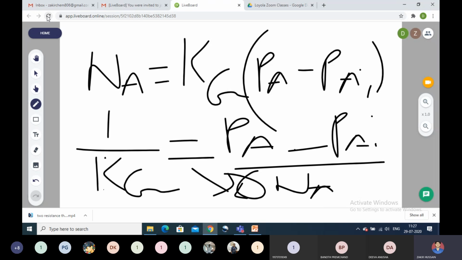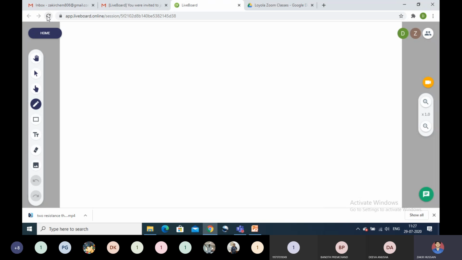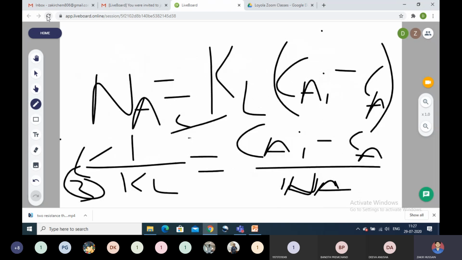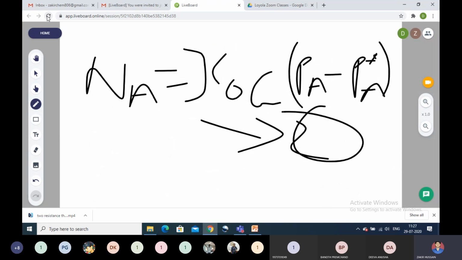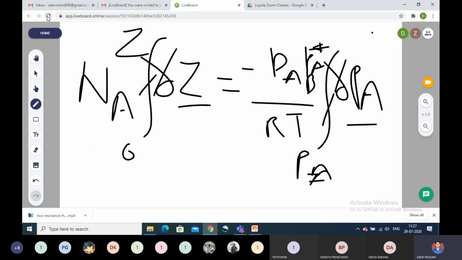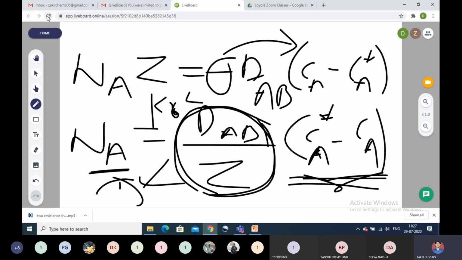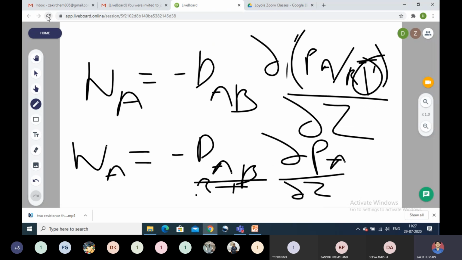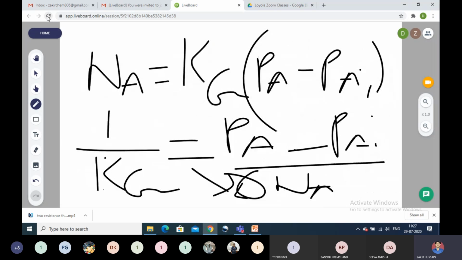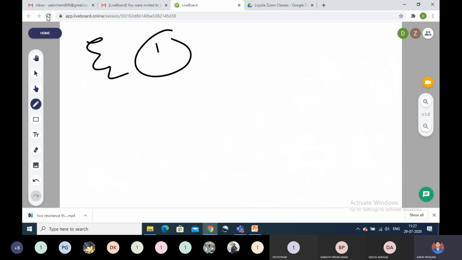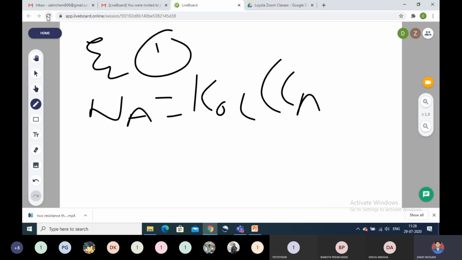So now using equation number 1. So equation number 1 is Na is equal to KOL into Ca star minus Ca.